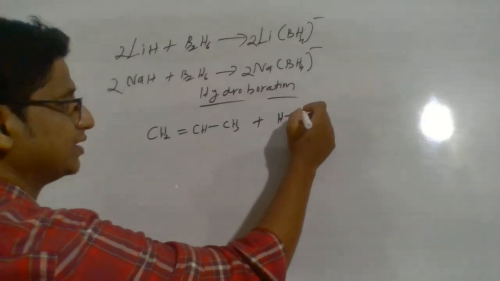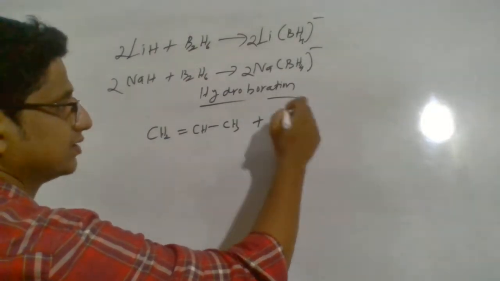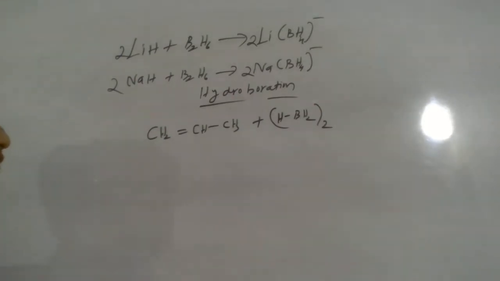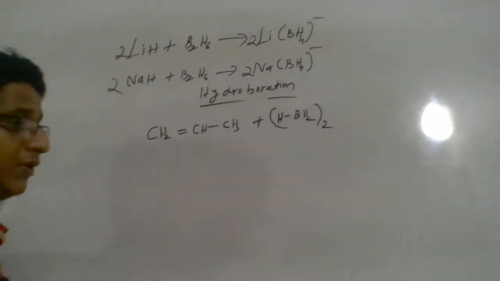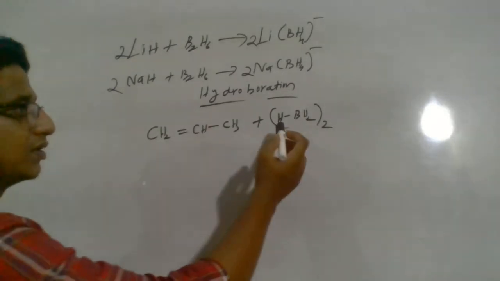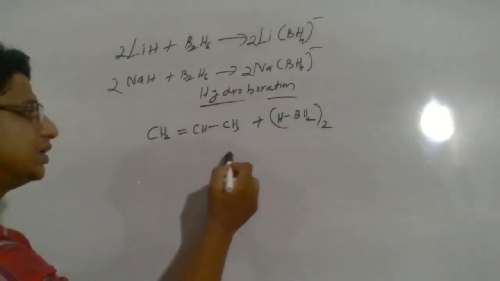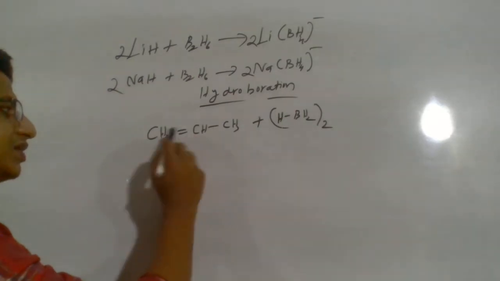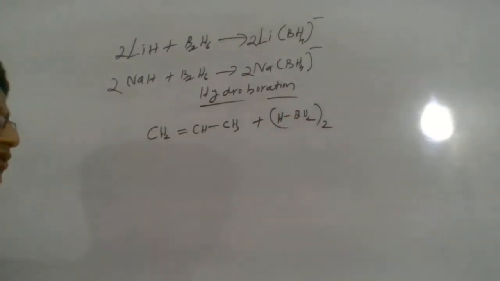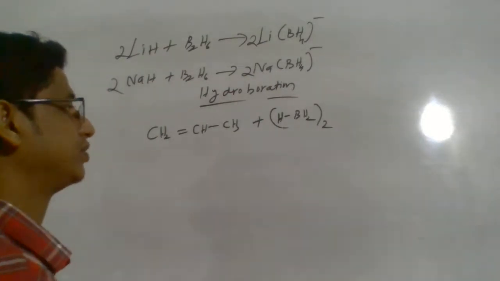Diborane you can write like this, as BH3 two times. In the presence of diborane, the alkene undergoes a reaction where hydrogen goes to the carbon atom which has fewer hydrogen atoms. So hydrogen goes here, BH2 goes here, just opposite to Markovnikov's rule.